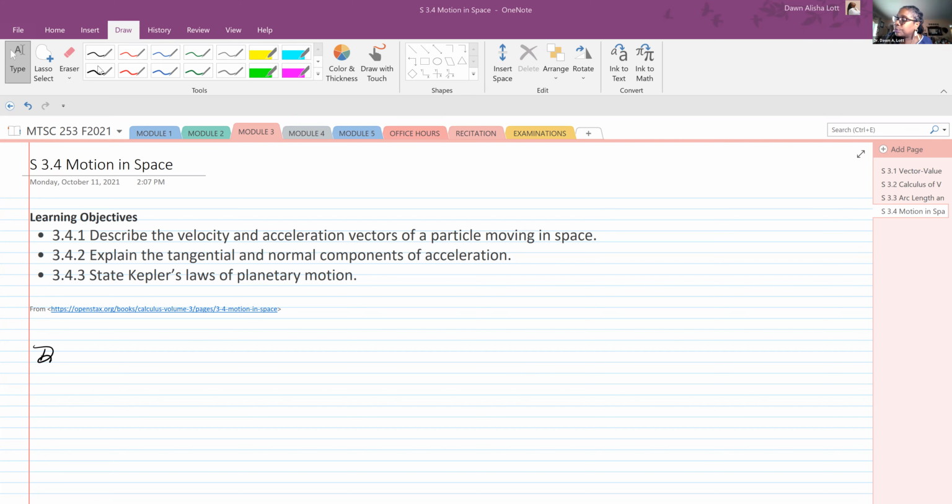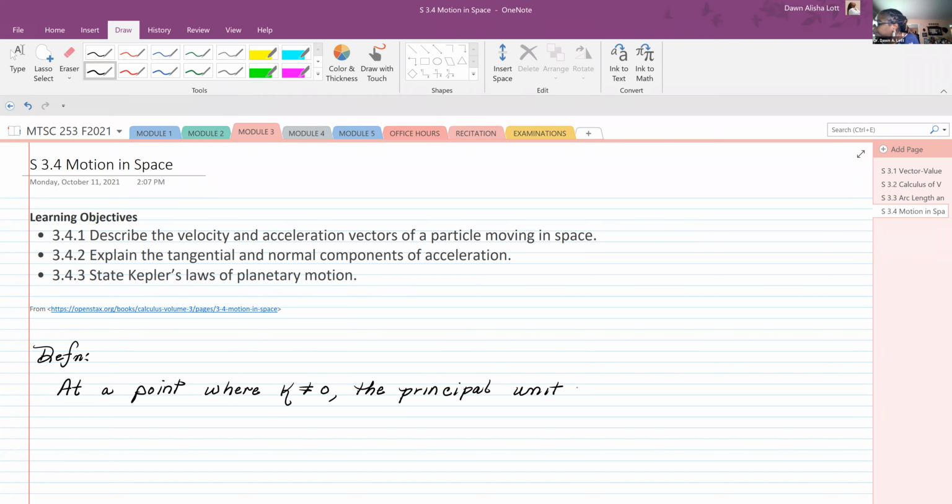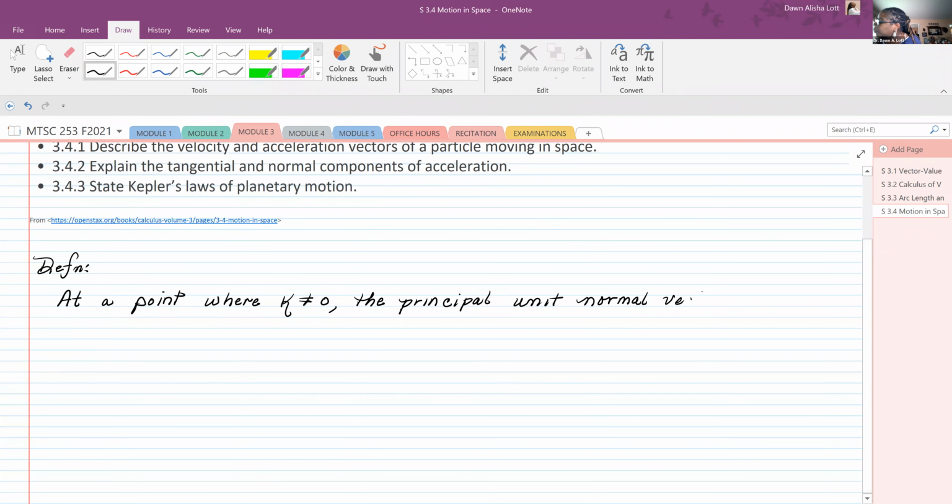All right, definition. At a point where the curvature is not equal to 0, we can talk about the principal unit normal vector for a curve in the plane.